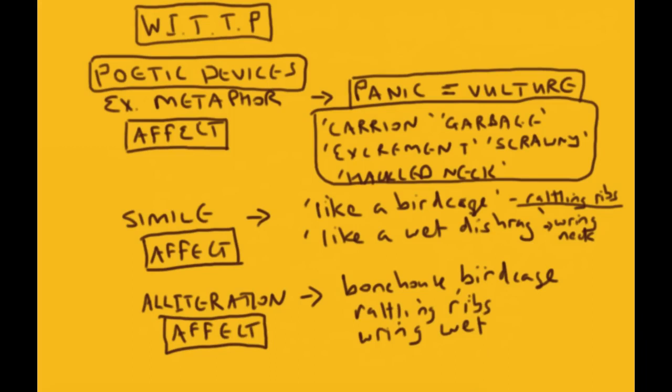So in that sense, bone house, bird cage, rattling ribs, ring and wet dish rag really help draw attention to those images. Okay, so those are some of the poetic devices that we could suggest will make a good structured answer.